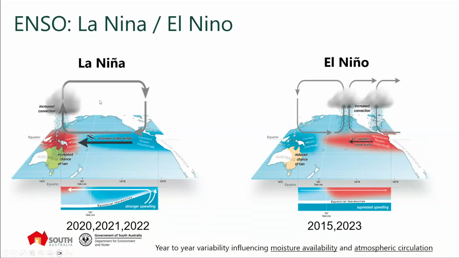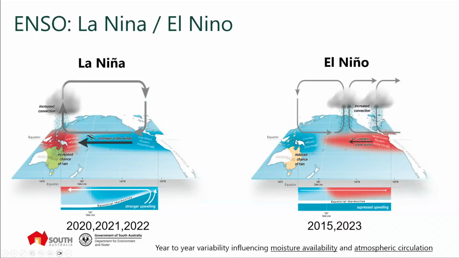The atmospheric circulation, the Walker circulation across the Pacific Ocean, also supports that increased convection. So we get wetter conditions in La Nina events, and the opposite occurs in El Nino: weaker trade winds, cooler ocean temperatures, less moisture, and the atmosphere tends to sink down more, inhibiting rainfall.